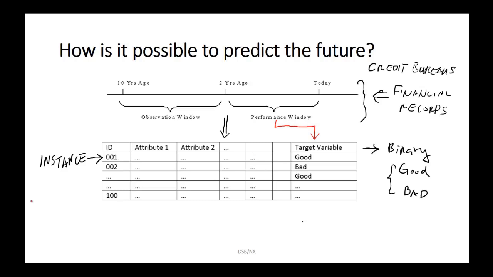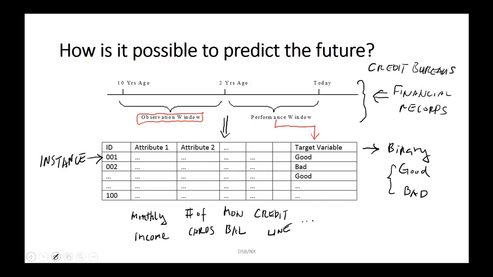We then look at financial records from year -10 to year -2, which is referred to as the observation window. We compile a bunch of information on each individual within the observation window. For example, monthly income, number of cards that one person has in the observation window, monthly balance on each card, credit line on each card, and so on and so forth.